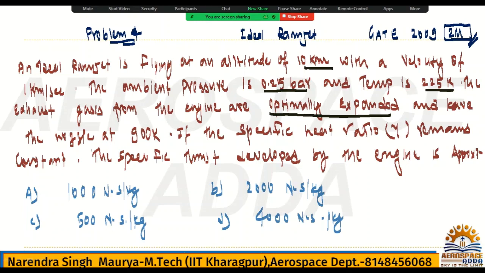And leave the nozzle at 900 Kelvin. So this is the exit value given, so it is the static value, no? If the specific heat ratio gamma remains constant, means gamma for air and gamma for gas. I told you that time when I concluded ideal RAMJET, I had given one value.